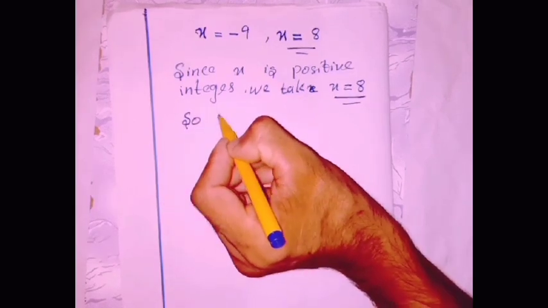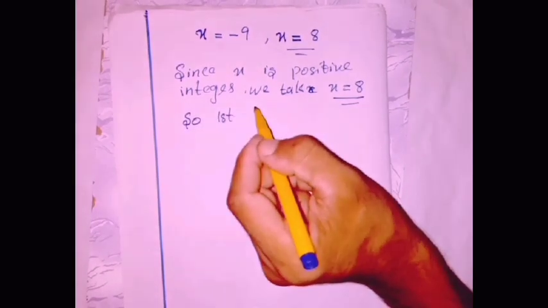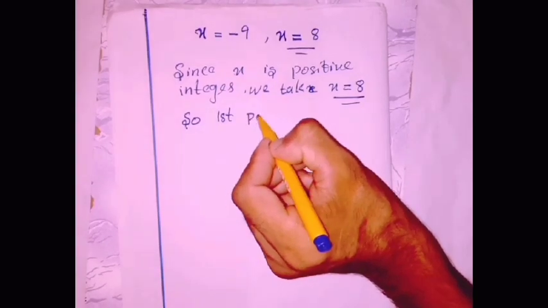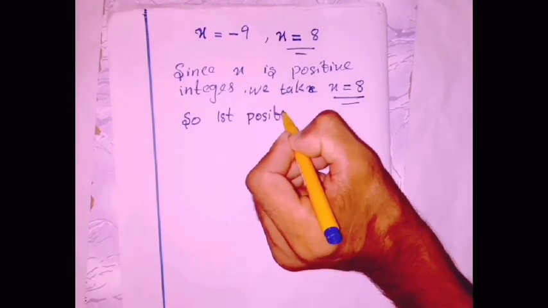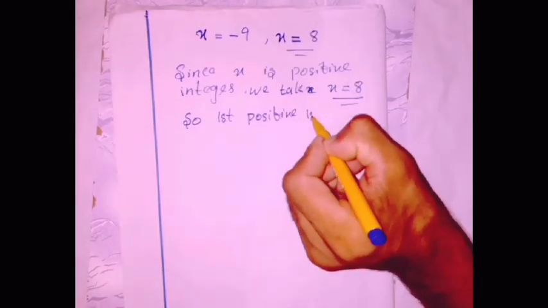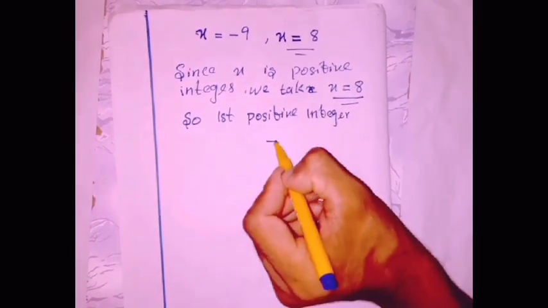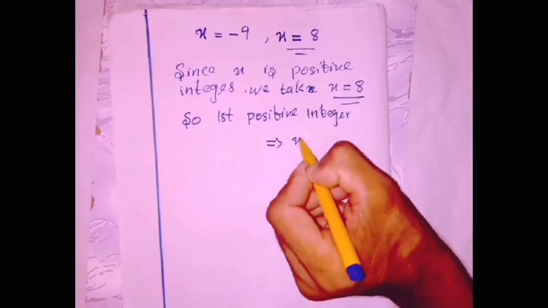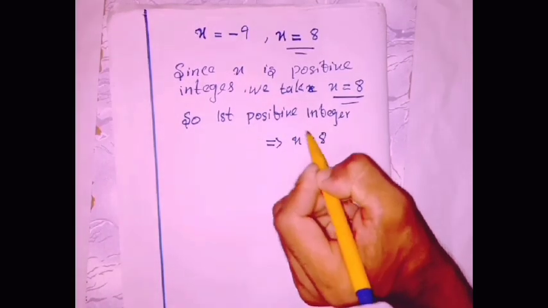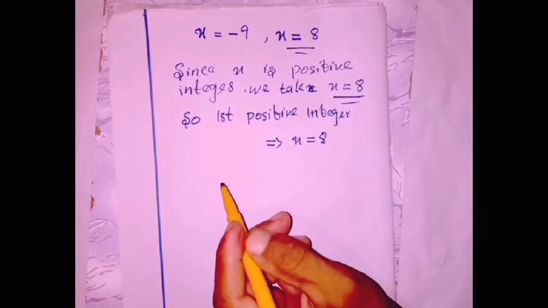So the first positive integer is equal to x, which is equal to 8.